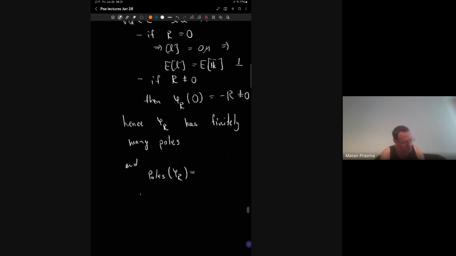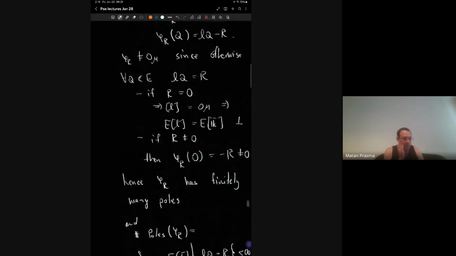This is the set of elements Q in E K bar, such that LQ minus R is equal to O. Or let me just write it like this: the set of points Q such that LQ is equal to R. And this is finite. This number of poles is just the number of elements in the set, and this is finite for any R.